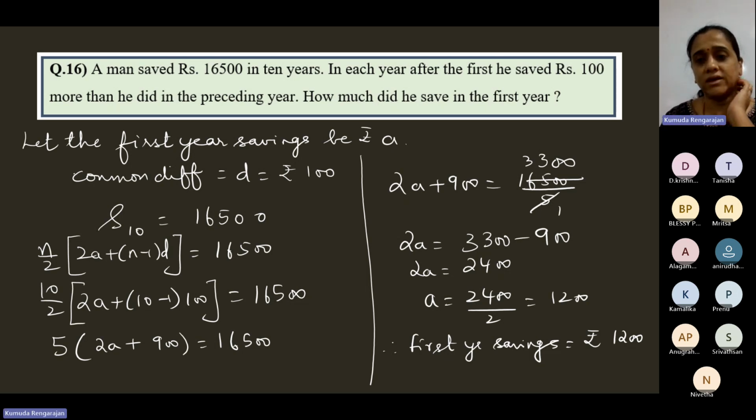First year savings A, common difference is D, which is plus 100 if he increases the savings every year. If he saves 100 rupees less every year, then D is equal to minus 100.